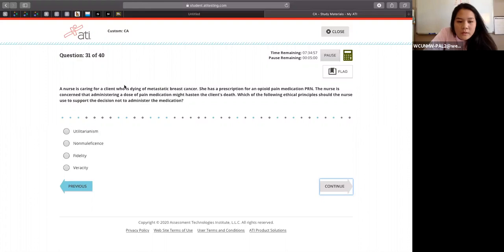So the client is dying from breast cancer, and the opioid pain medication can increase the likelihood of the client dying. Which of the following ethical principles should the nurse use to support her decision not to administer the medication?